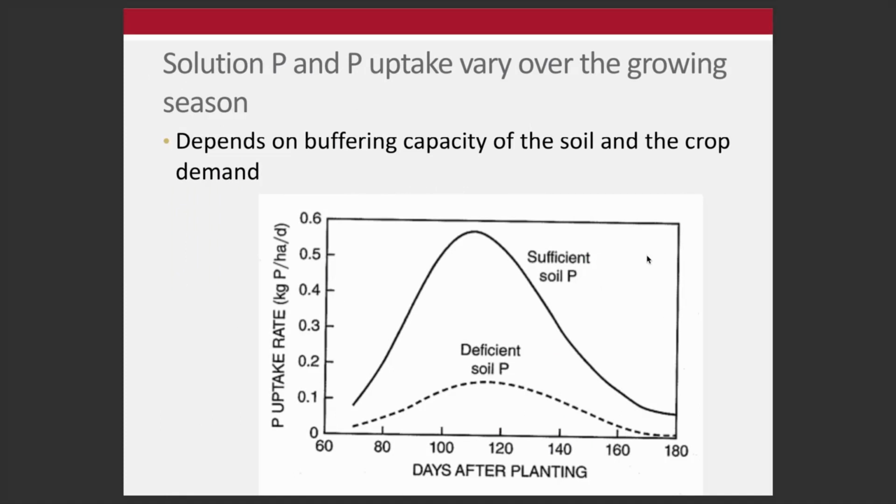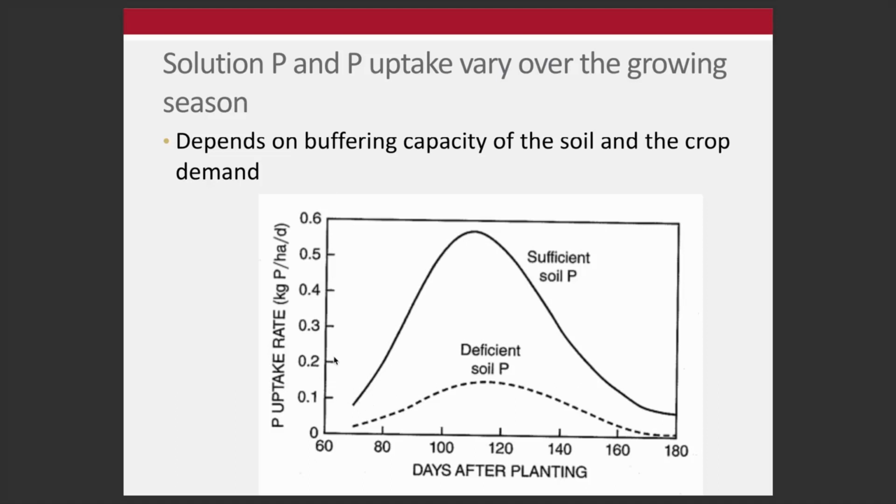Solution P and P uptake vary over the growing season. That's not surprising. It depends on the buffering capacity of the soil and the crop demand, on how much is being removed from solution versus how much is getting supplied. They're showing 2 soils, the solid line being sufficient versus the deficient.